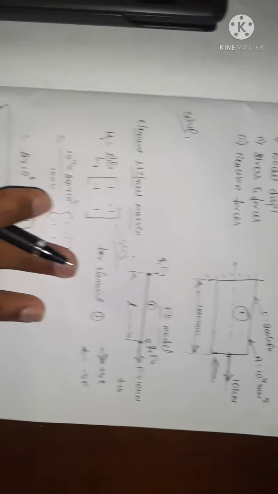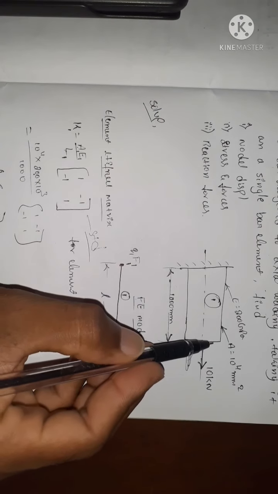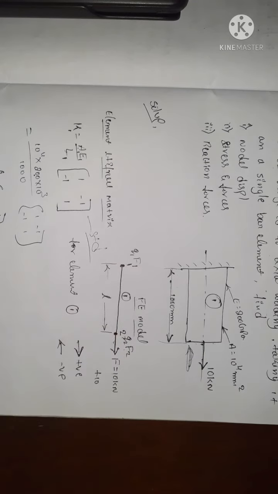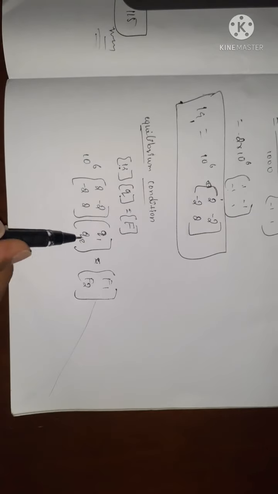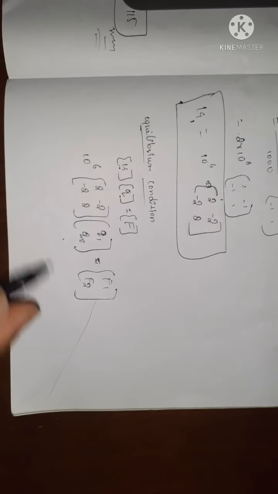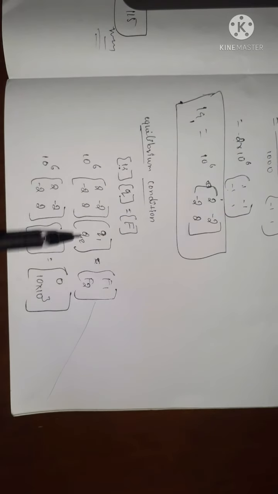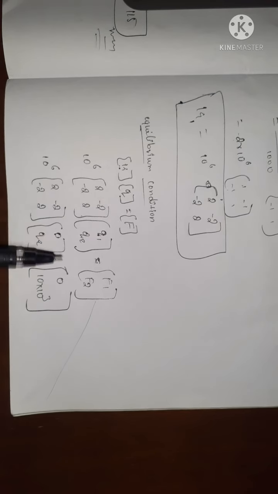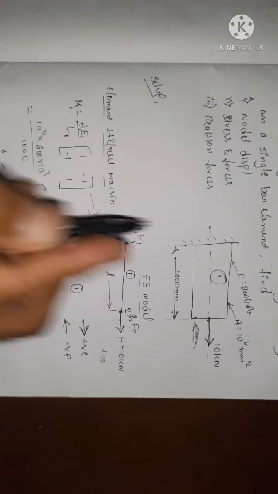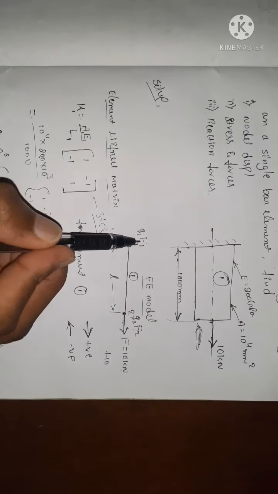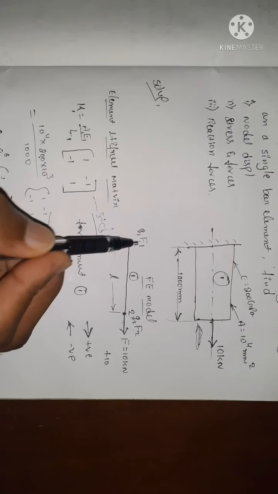When a stepped bar is given in the problem with another attached to it, you can write Q1, Q2, Q3 and F1, F2 and so on. Q1 is always 0 because one end is fixed. Q1 and f1 are always 0, as I already told.